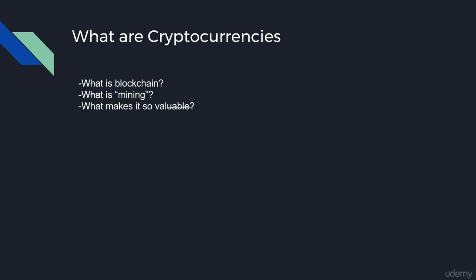Now next, what is mining? You might have heard this term, we need to mine some Bitcoin, mine some Ethereum, etc. Now mining is simply how these cryptocurrencies are generated. Sticking with Bitcoin, the code for Bitcoin says 21 million Bitcoins will ever be mined.